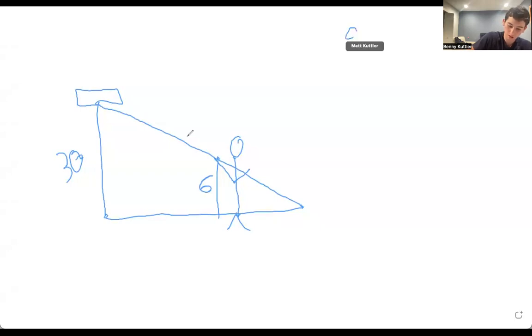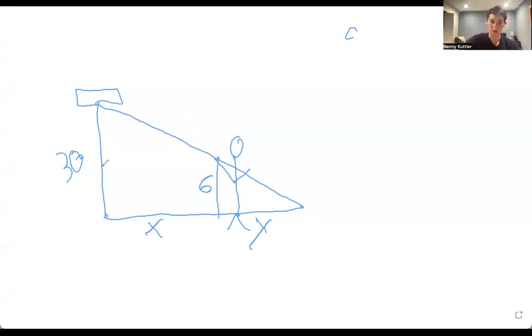So let's call this distance x and this distance y. And these two are both changing with time. So we know that with similar triangles, the ratio between the sides has to be the same.